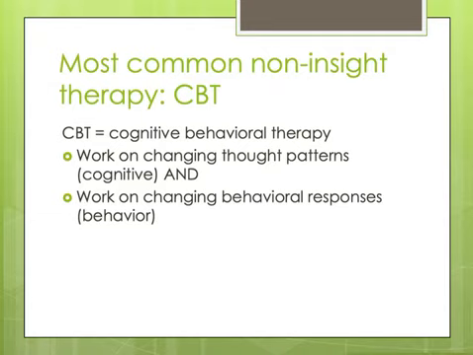Maybe I'm going to force myself, even if it's short, to go outside and take a couple-minute walk around the block. Because research has shown that sunlight can improve mood and moving can improve mood a little bit, not a lot. But if we're making little behavioral changes, while we're also trying to change thought patterns, we are doing cognitive behavioral work. We're kind of working at both sides at once.